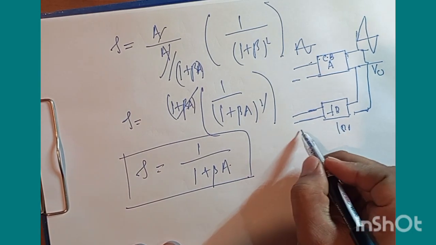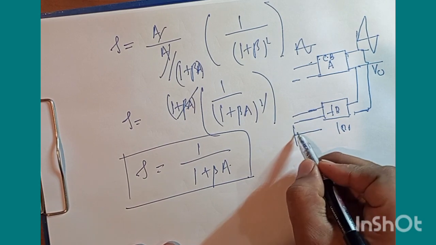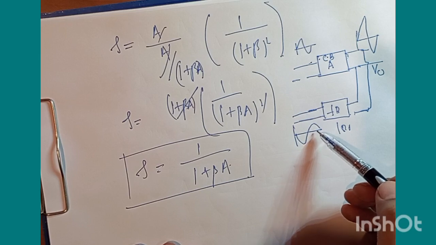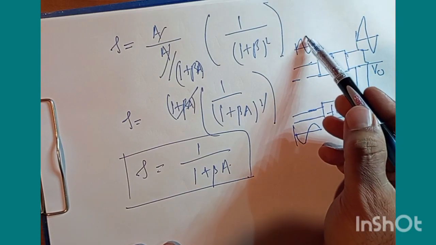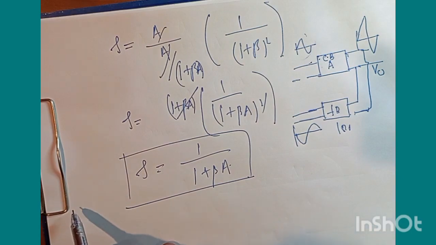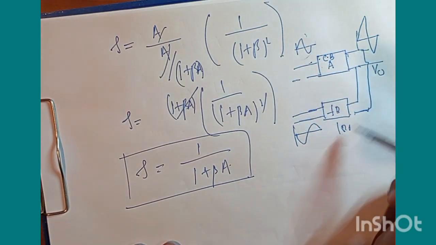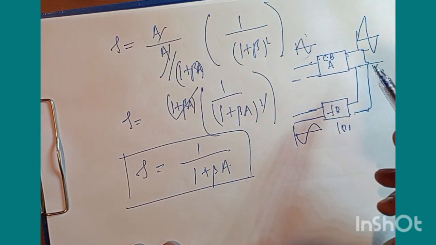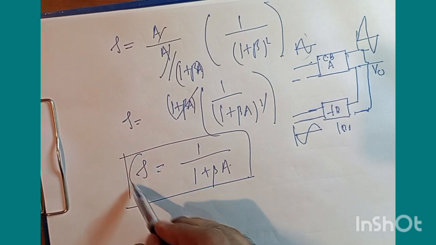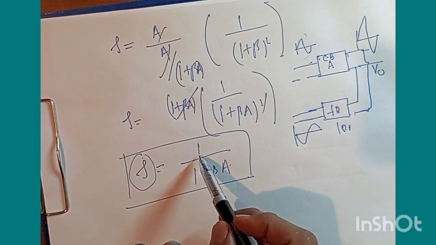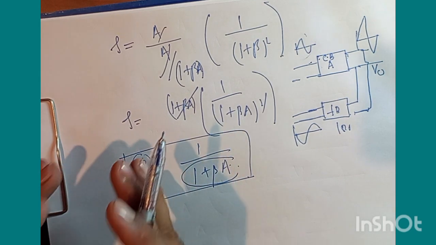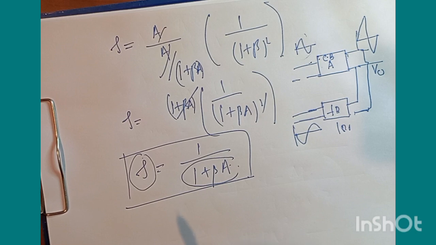So in that case, I will have an output of nature like this, so this is going to oppose the signal that we have introduced to the amplifier. This is what is called negative feedback. So in case of negative feedback, we can see that this sensitivity is the reciprocal of this parameter. So it's clear from this equation that there's a sharp decrease in sensitivity of the amplifier.